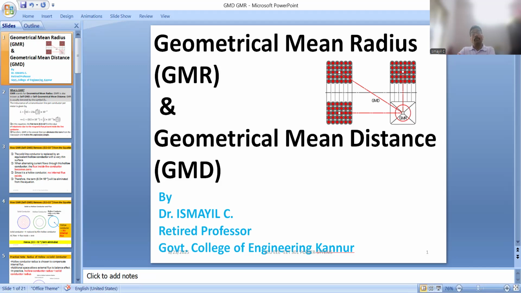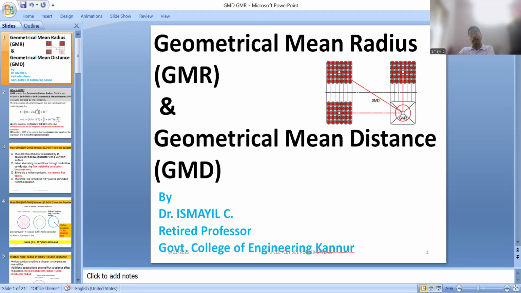In this particular condition, we have to note these points. The hollow conductor radius is always less than the solid conductor radius, and that hollow conductor is chosen in such a way that it compensates for the internal flux.